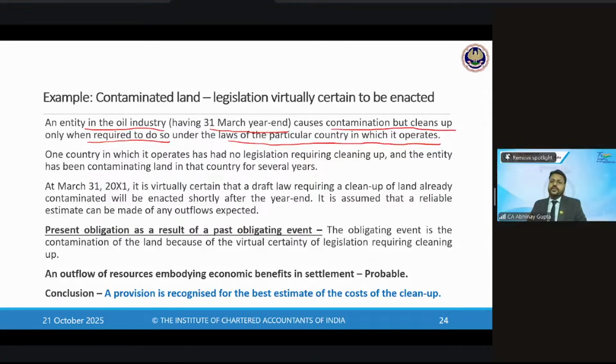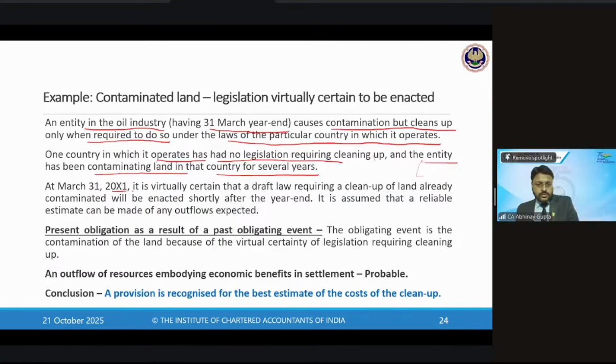If the law requirement is not there, they don't do the cleanup and they leave the land or the sea contaminated. Okay, so that's the situation. One country in which it operates has had no legislation requiring the cleaning up, and the entity has been contaminating the land in that country for several years.